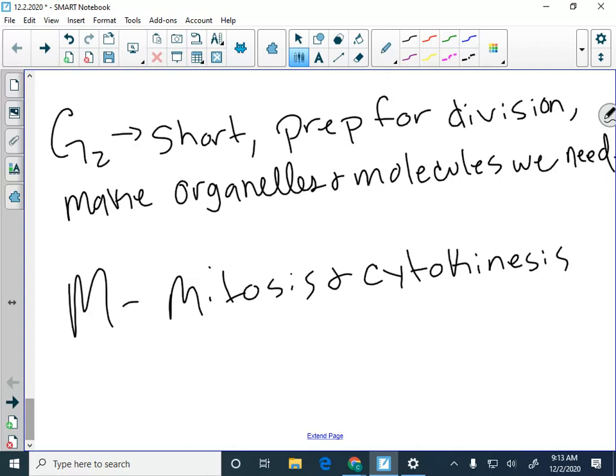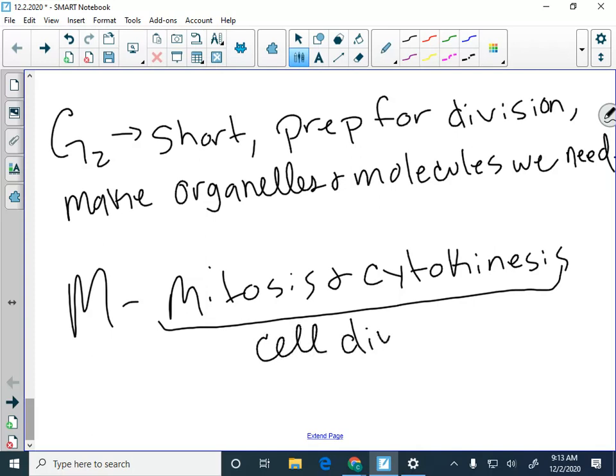This is cell division. After M phase, we will go right back to the beginning, and each one of those daughter cells will go straight into G1.